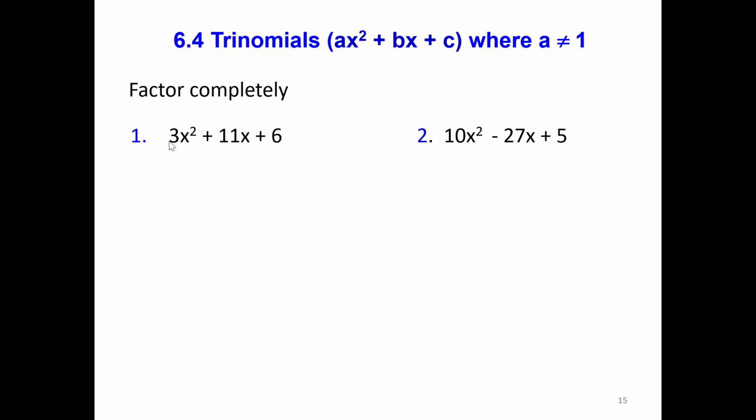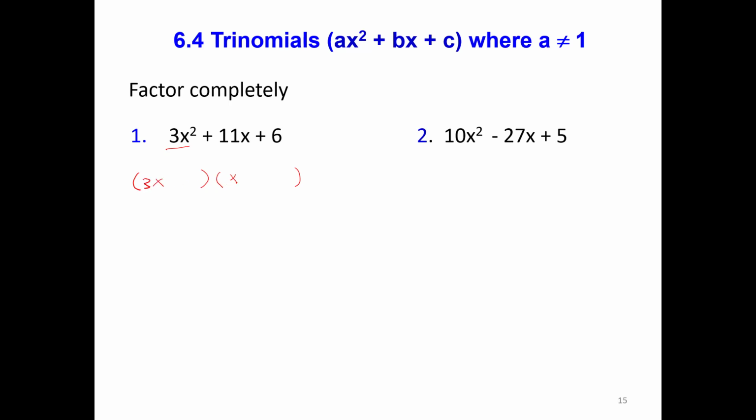Remember, when we multiply the factors, if we multiply the first terms, we must get 3x squared. Then we will try to write some way we can get 3x squared if we multiply 2 terms. One way is to have 3x here and x here.